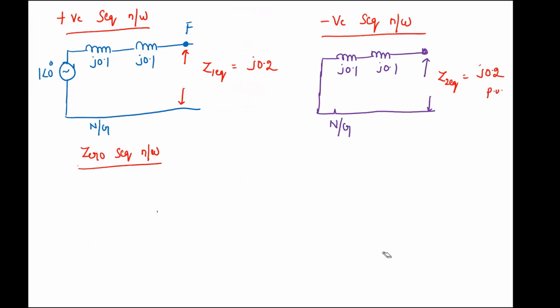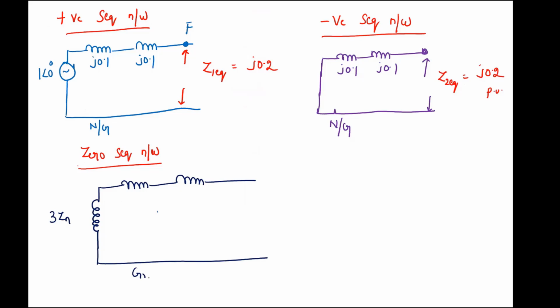Your zero sequence network will become 3 times Zn, and this is Zg0, and again you have the transmission line, this one. So this is ground. 3Zn is 3 into 0.05, that is j0.15. This is j0.04. This is j0.3. So this value is Z0 equivalent.